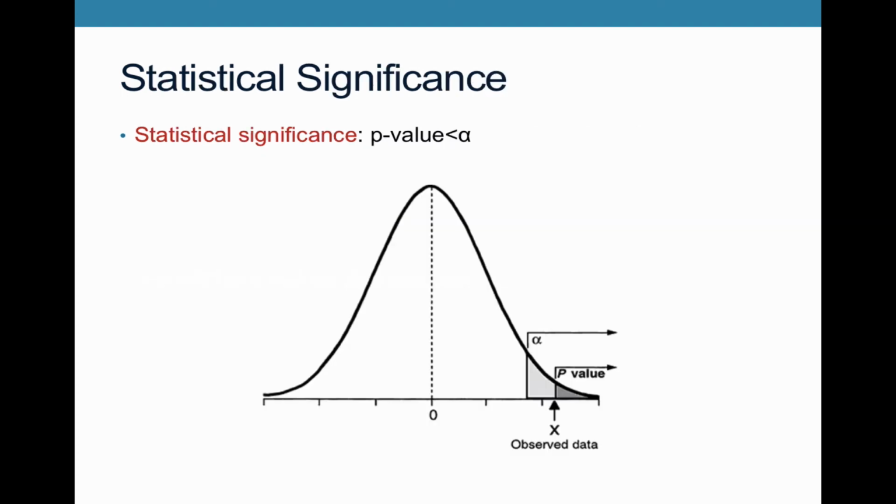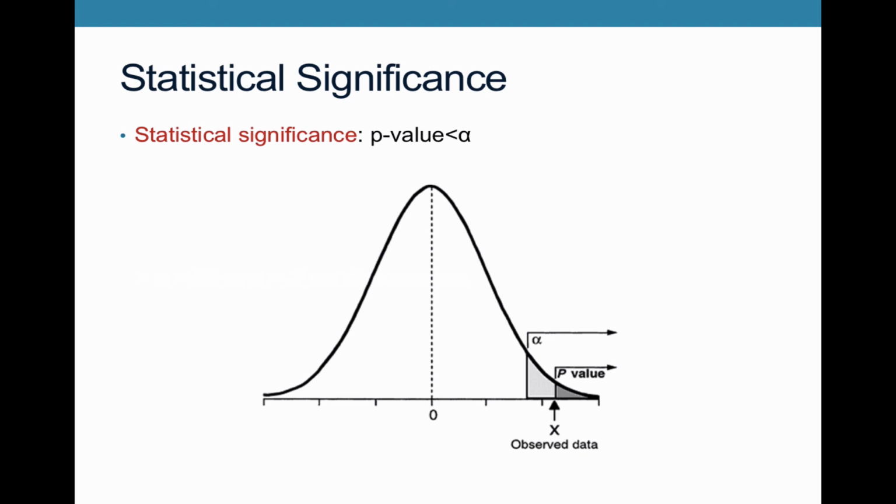The final piece, bringing this all together, is statistical significance. Statistical significance is really just combining p-value and alpha. Statistical significance is when your p-value, what you actually observe in the data, is less than your significance level, less than that accepted level of probability that you said you'd be willing to accept.